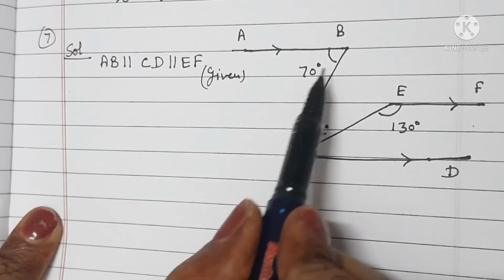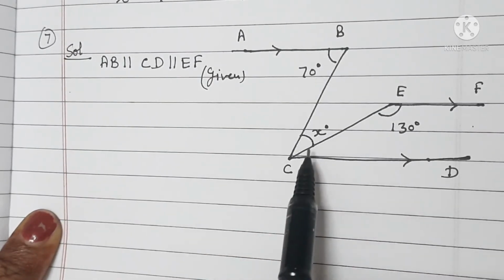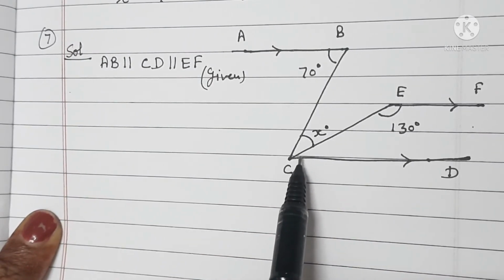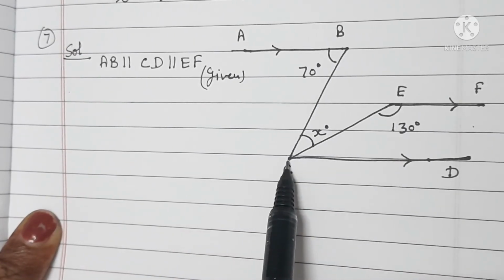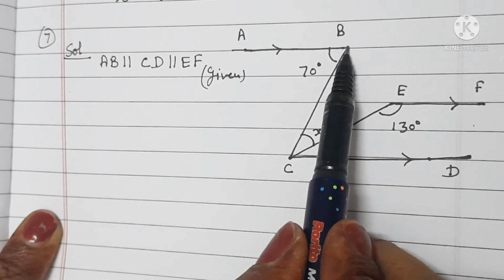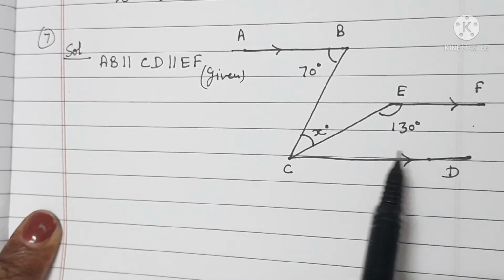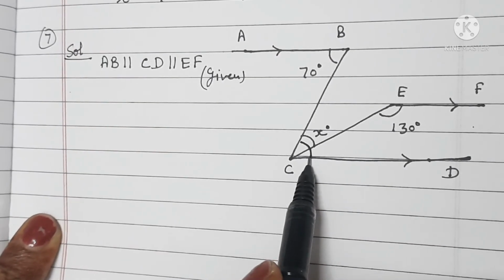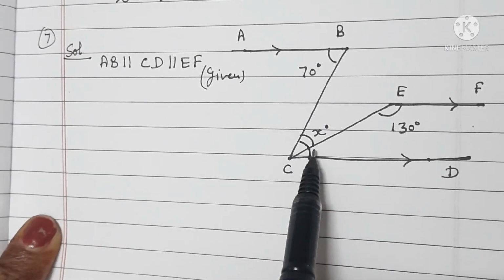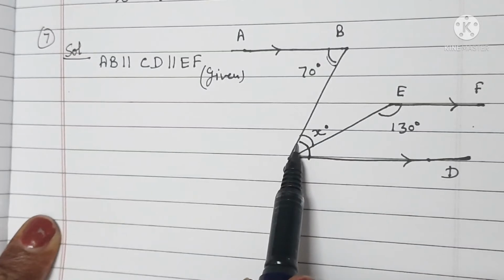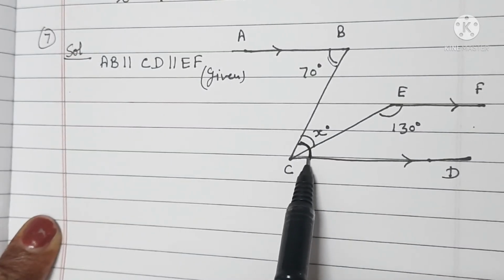It shows that angle ABC is equal to angle BCD. These angles are alternate interior angles. So if this is 70, this is also 70.